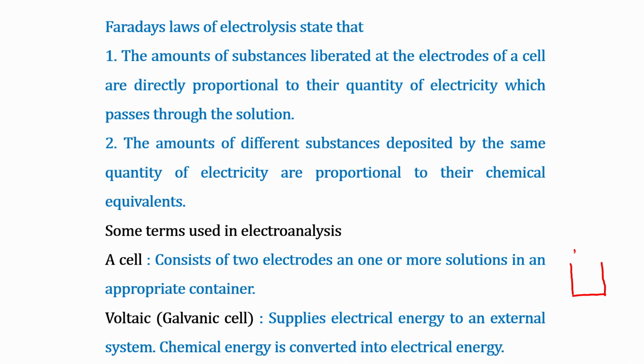I have two electrodes dipped in a solution, and this is connected through a battery and a resistor, and that completes the electrical circuit. So, I pass current from the battery to the anode. This is known as anode. This is known as cathode.